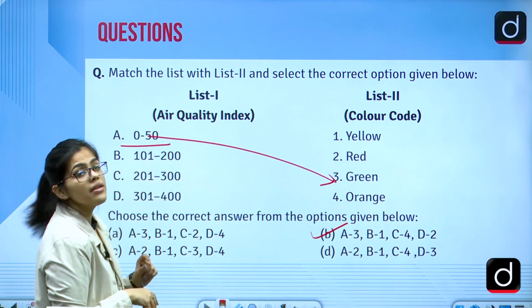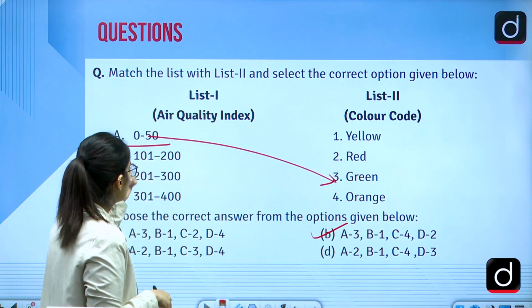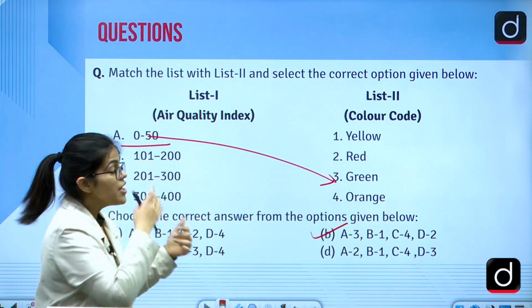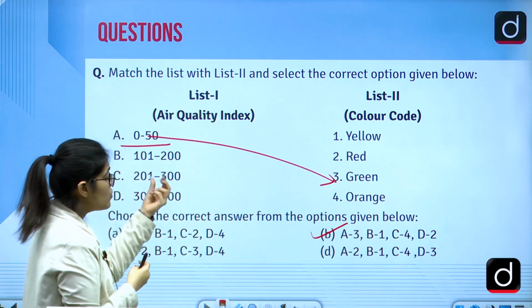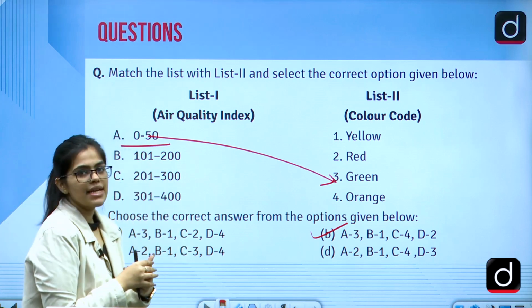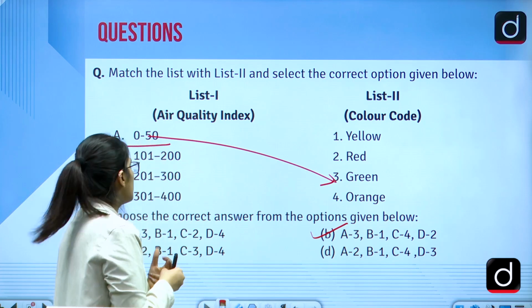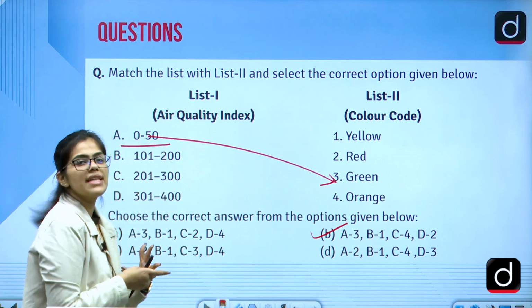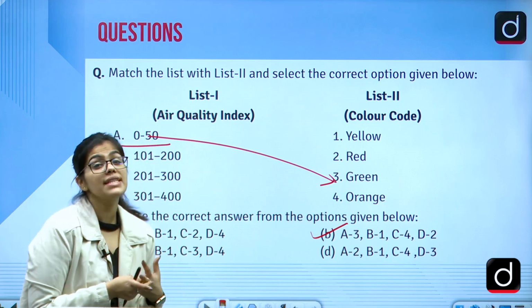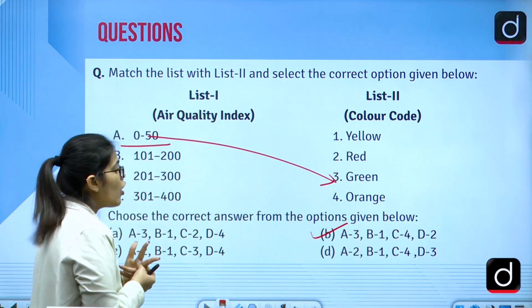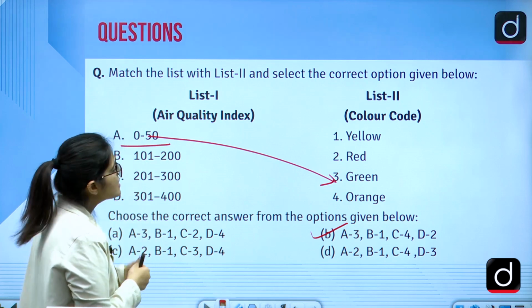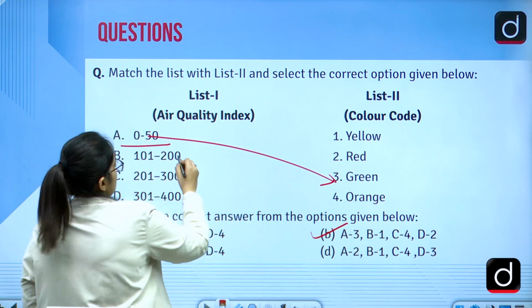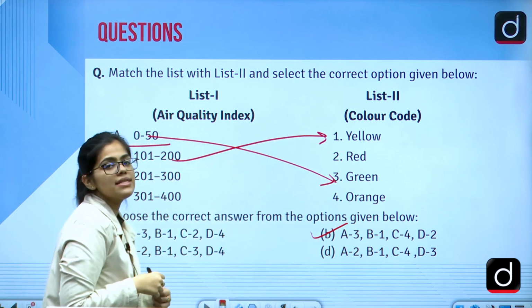Then 101 to 200 is somewhat acidic in nature. We know that in this bracket we can have rain that can be acidic, and air quality with a lot of pollution. So B is to be matched with yellow.